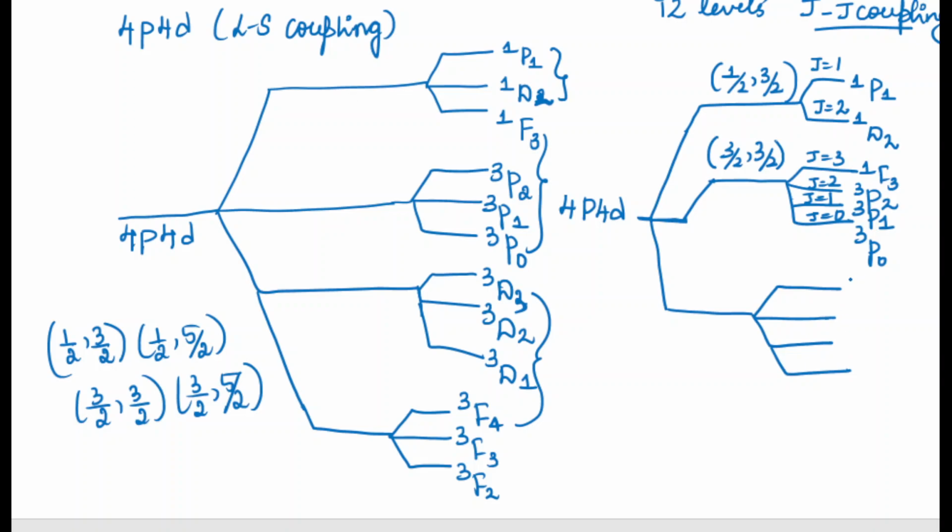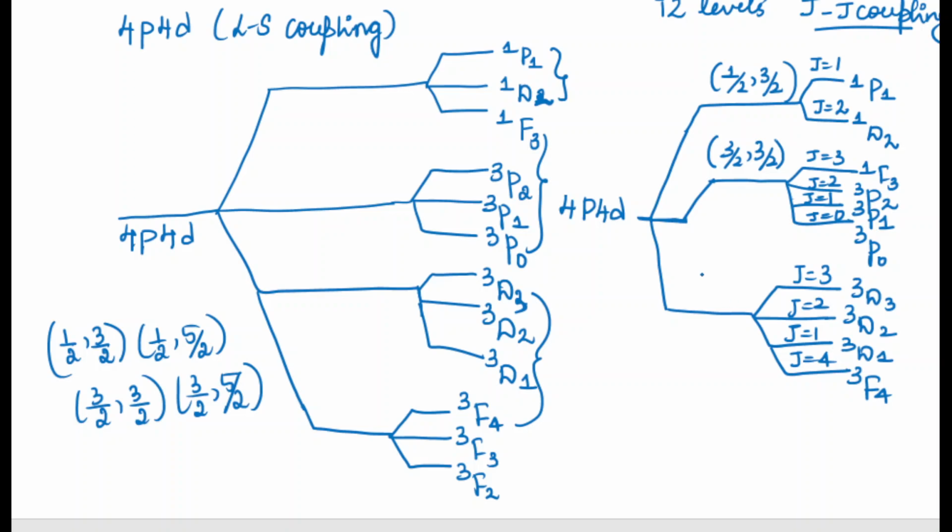I'll write it as 3D3, and here 3D2, and here 3D1, and here it will be 3F4. Okay, so we have 1 2 3 4. So the J value here is 3, and here the J value is 2, and here the J value is 1, and then here the J value is 4.